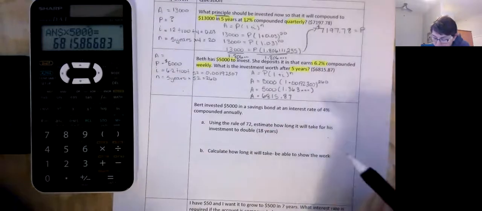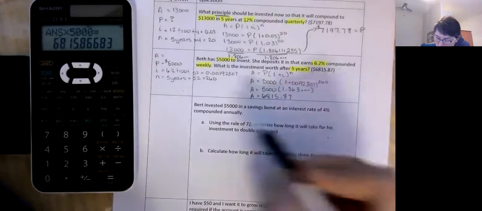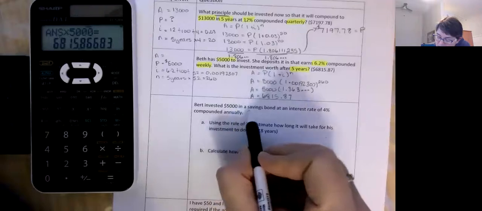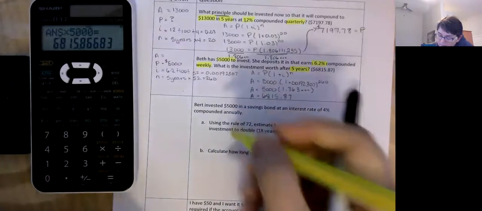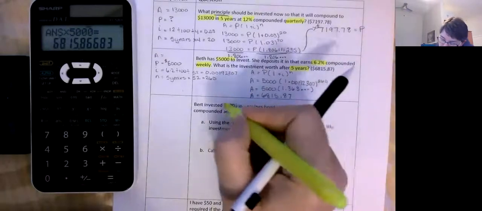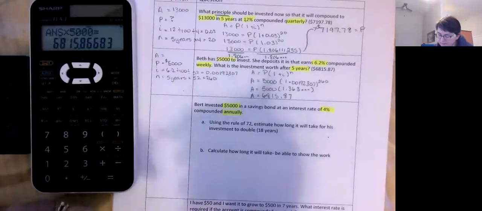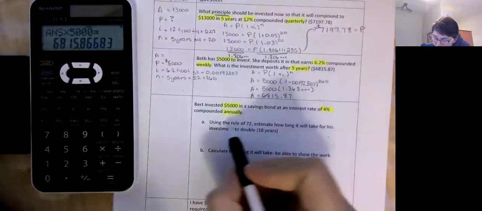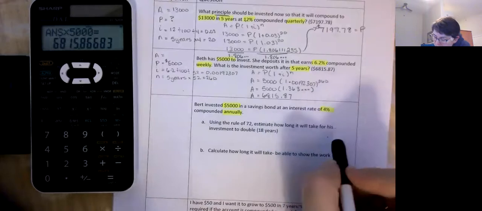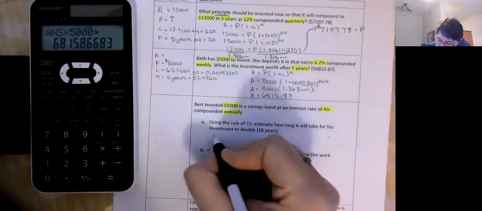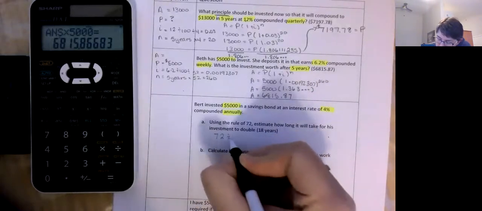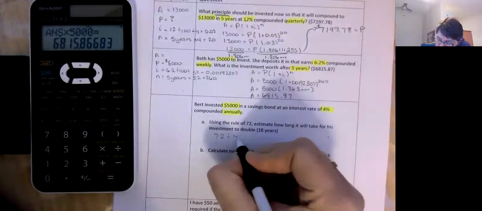All right, 2 more. Oh, kind of 3 more. Bert invested $5,000 in a savings bond at 4% compounded annually. Using the rule of 72, estimate how long it will take. Remember, rule of 72, you start with 72, and you divide it by the interest.